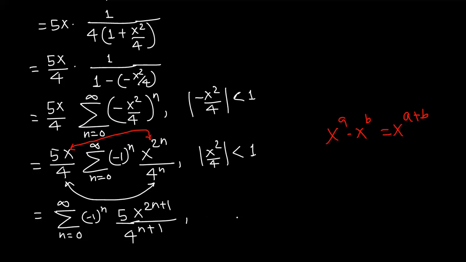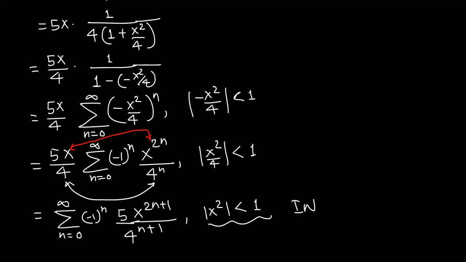And how about the interval of convergence? So x squared over 4 less than 1. Multiply by 4 to get rid of this fraction, so that becomes x squared is less than 4. Let's work on this interval of convergence, which comes from here.